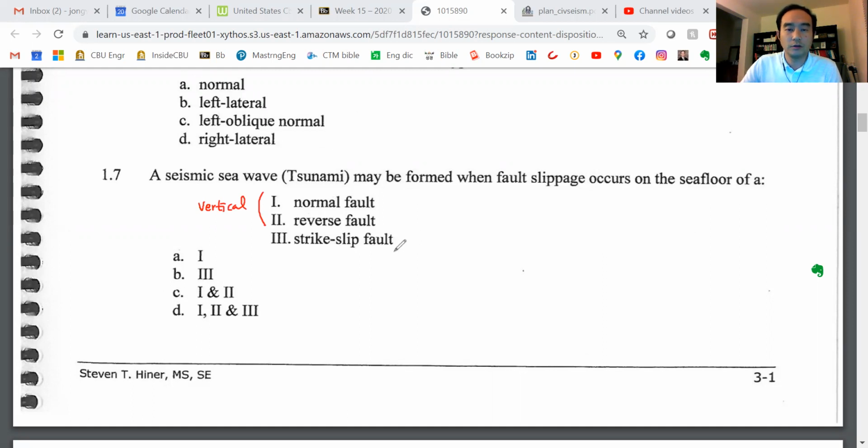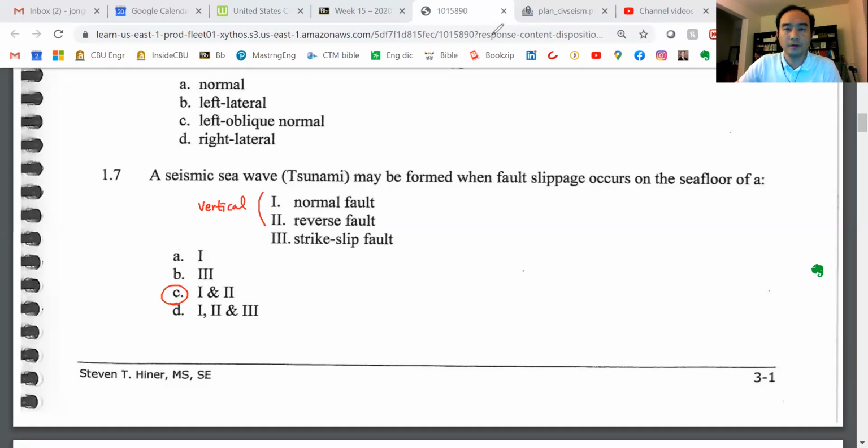Horizontal movement doesn't create a tsunami, because a tsunami occurs due to sudden movement of the land in the ocean in a vertical direction. So the answer should be C, 1 and 2.